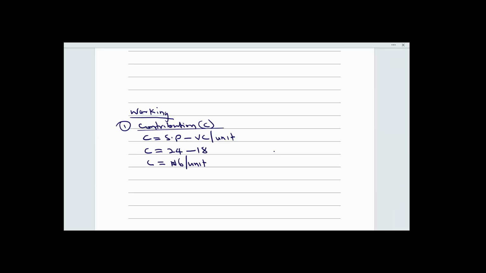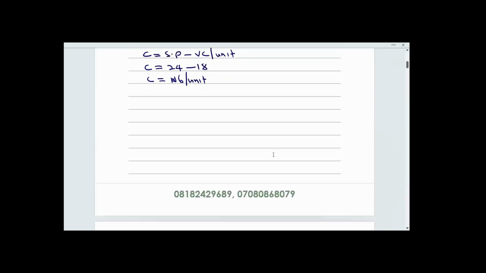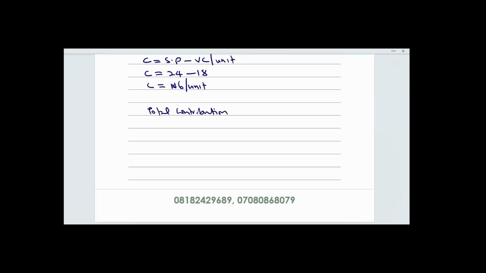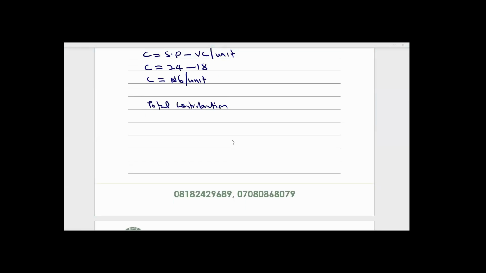Now that you have the contribution per unit, we need to calculate total contribution. According to the question, we are given activity level of 240,000 units. So the company will produce and sell 240,000 units.